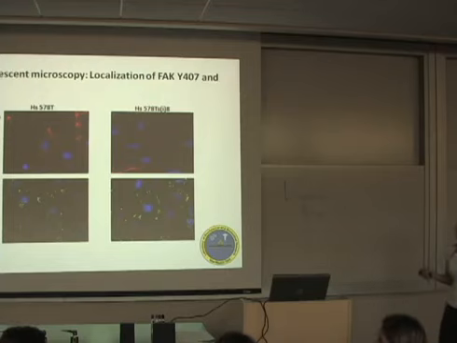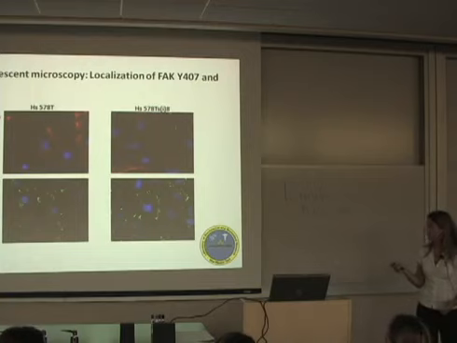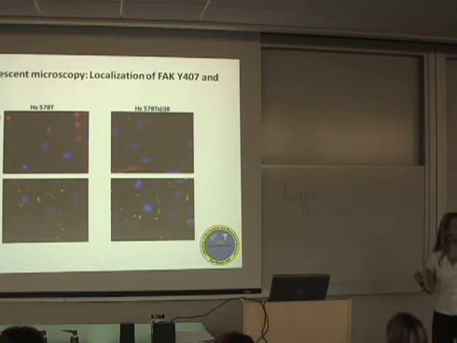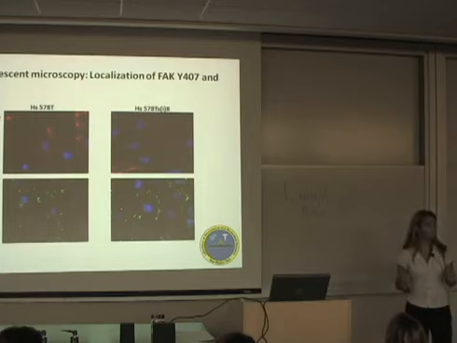And we can see that in red, the actin staining is more elongated and has a more pronounced pattern in the invasive cells. If we look at the second set of micrographs, we see that the focal adhesion kinase activated at the tyrosine residue 407 is more activated and more present in the invasive cell line at the focal adhesion points where the cells attach to the substrate.